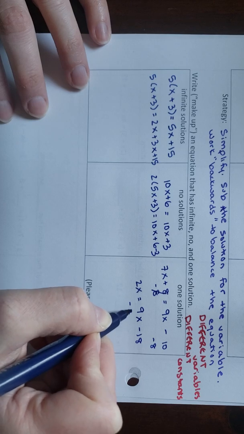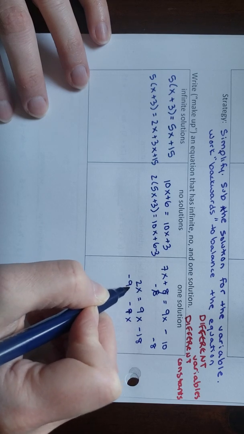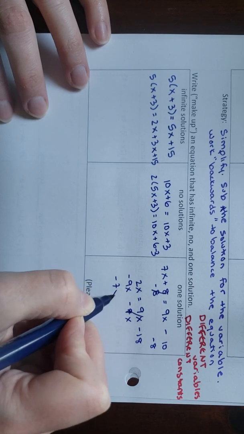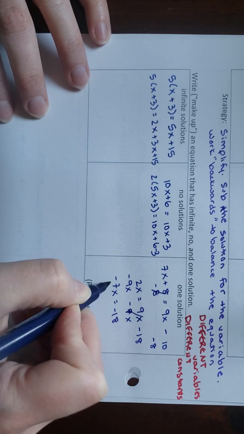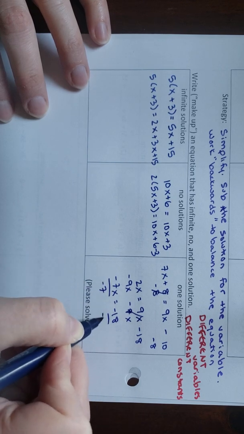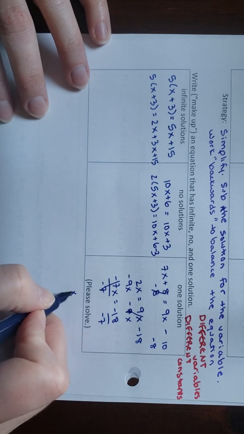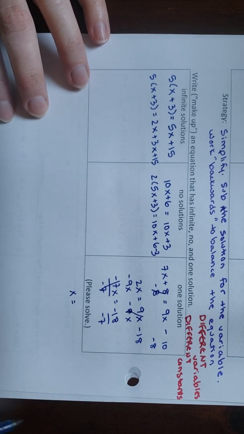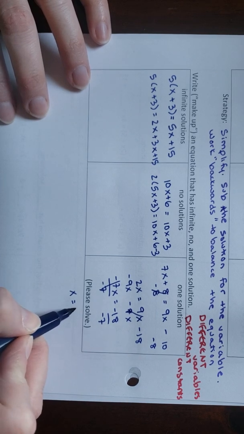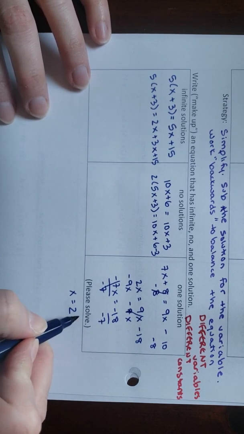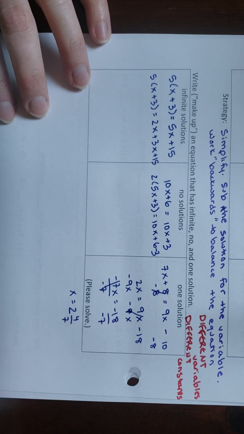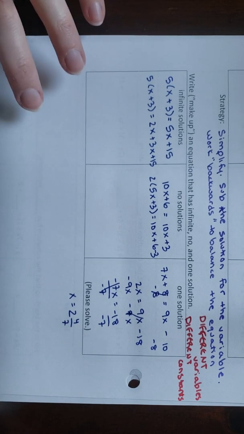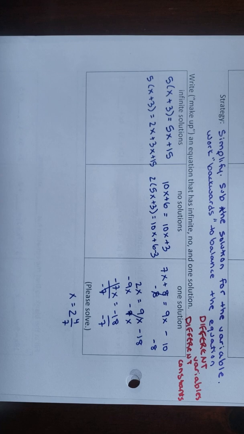Minus 7, 9x. So I got negative 7x equals negative 18. Yeah, it's going to get ugly. That's okay. x equals, a negative over a negative is a positive. 7 goes into 18 twice, with 4 left over, 4/7. Okay. And that's okay. Doesn't have to be perfect.